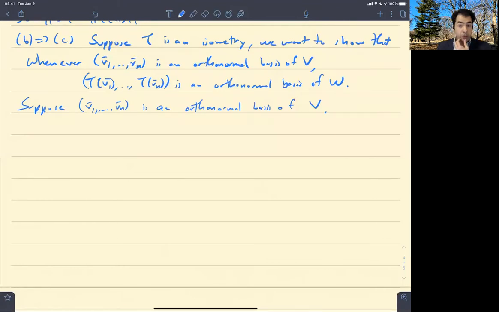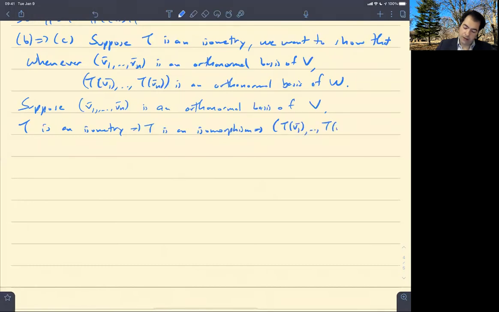Okay, well, we know that T is an isometry. So T isometry implies T is injective, implies T is an isomorphism, implies that T of v1 through T of vn is a basis of W. Okay, so great. We know it's a basis, so we just need to check that these are orthonormal.